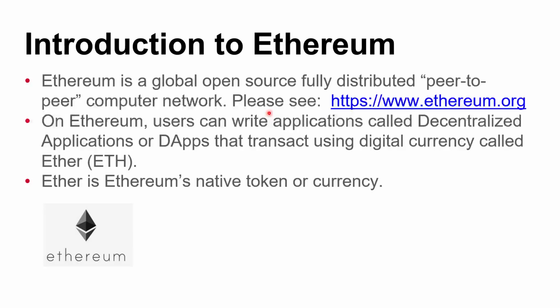On Ethereum, users can write applications called decentralized applications, or dApps, that will transact or take action on digital currency called Ether. And the full network will always be able to run that application, and it is immutable on the Ethereum network. And Ether is Ethereum's native token.